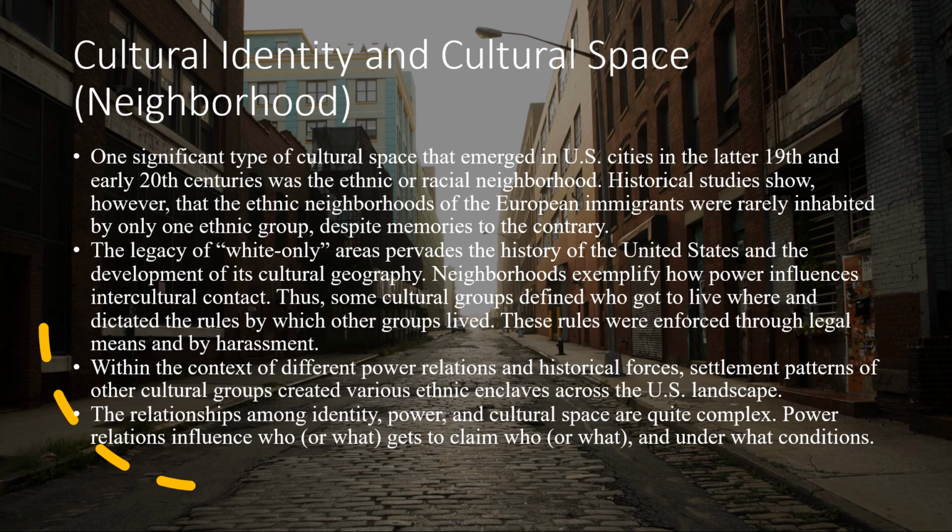And we see that in newer immigrants to the United States, where sometimes they are economically segregated. That is, they can't afford to live in other areas of the city, but oftentimes they choose to live around people who share a similar minority culture to themselves, particularly if they share a common language that is not English. It makes it easier to communicate and live your daily life, right?